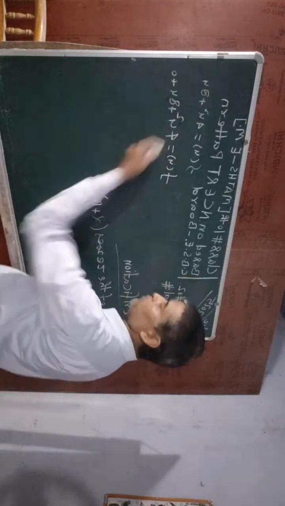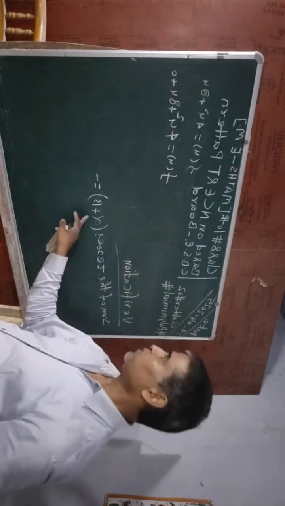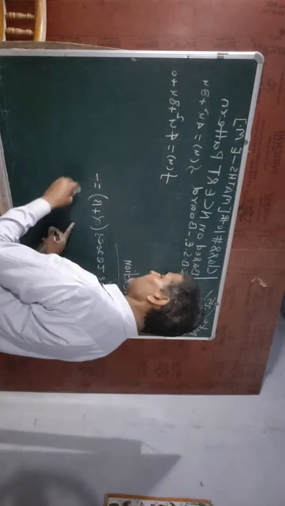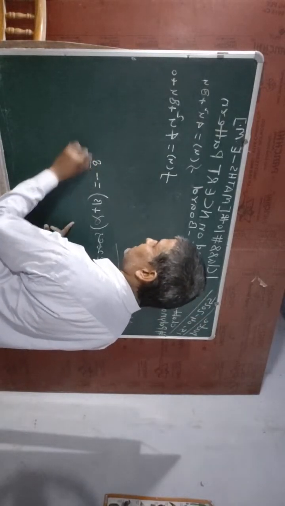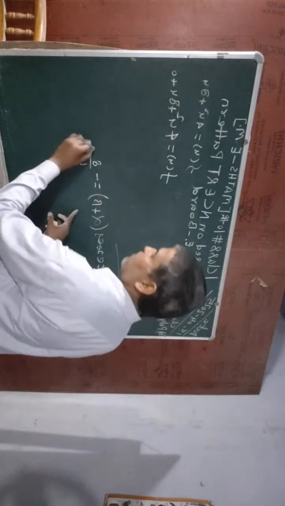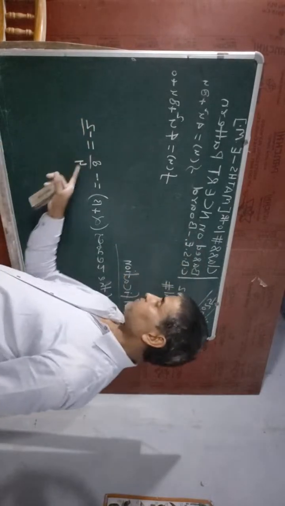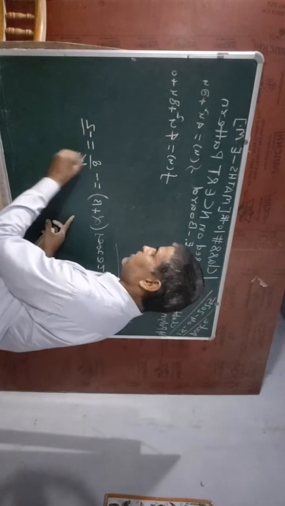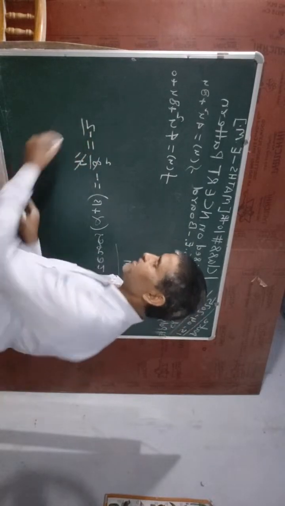Okay students, so from this equation I am going to write minus the coefficient of u divided by the coefficient of u square, which is minus 8 divided by 4. After simplification it will be minus 2, since 4 ones are 4 and 4 twos are 8. I will write minus 2 divided by 1.